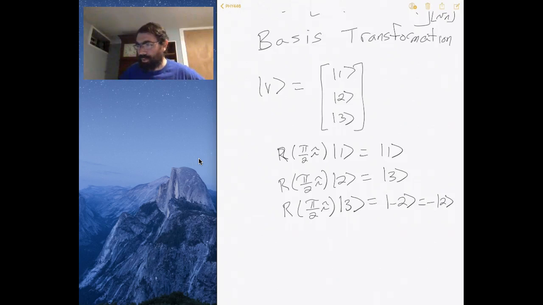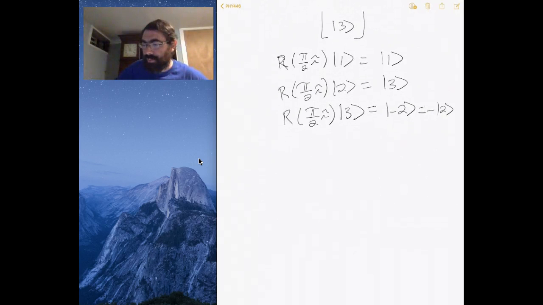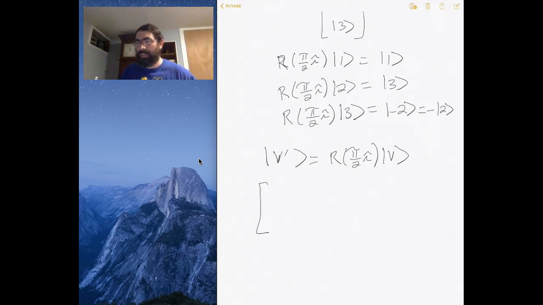So if I instead now wanted to write this out as a very compact vector, the vector v prime is equal to my 90-degree rotation about the x-axis on v, I could write it out as, here's my rotation matrix.